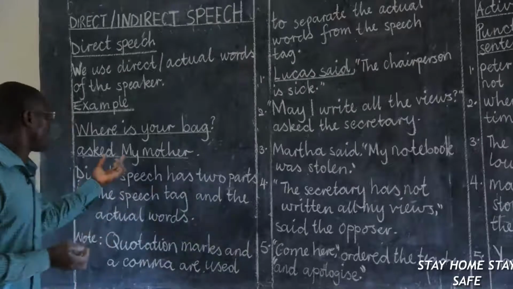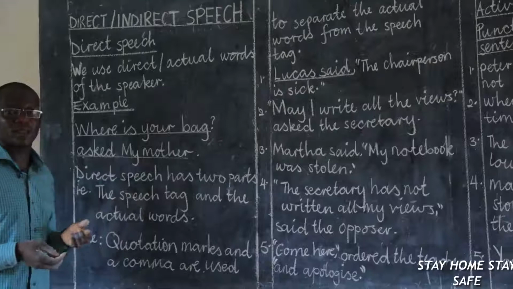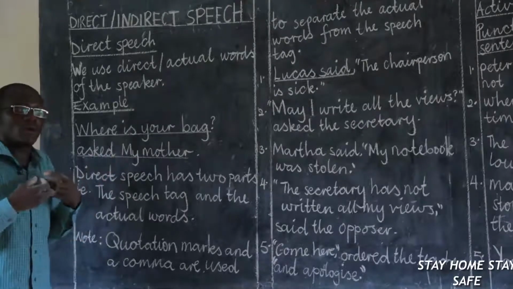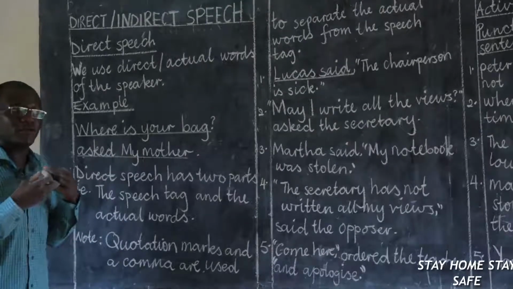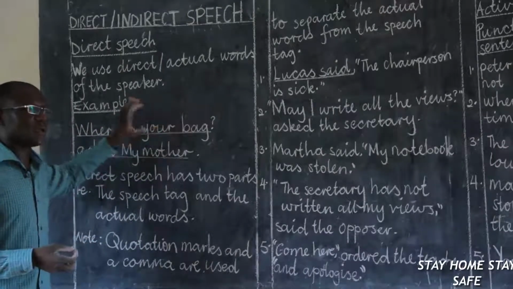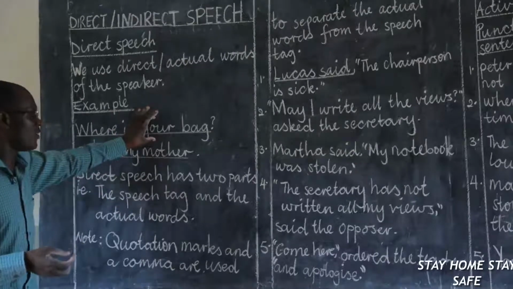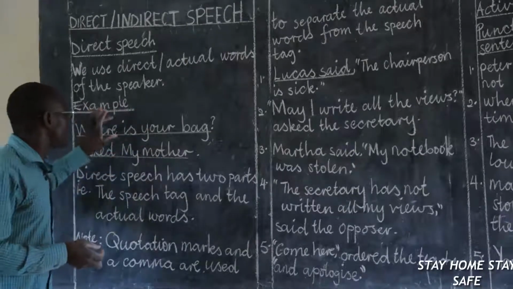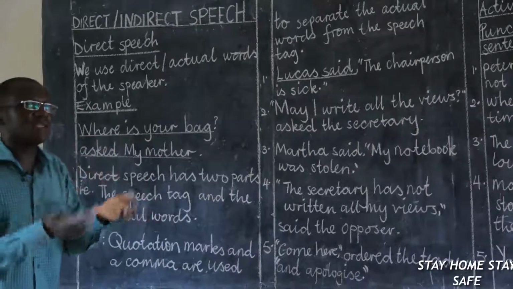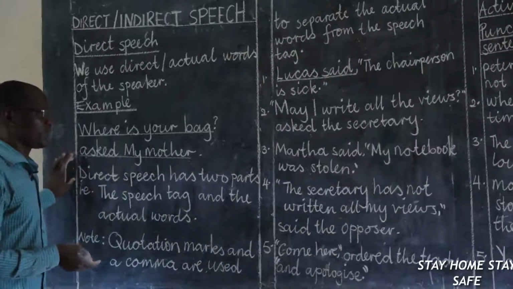Therefore, that's why we come up to bring this statement, asked my mother. Asked my mother are my own words. But the very words are, where is your bag? Where is your bag are my mother's words. Therefore, I don't want to change them. I bring them directly the way they are. So we call it direct speech.